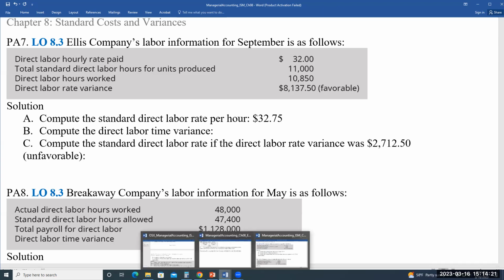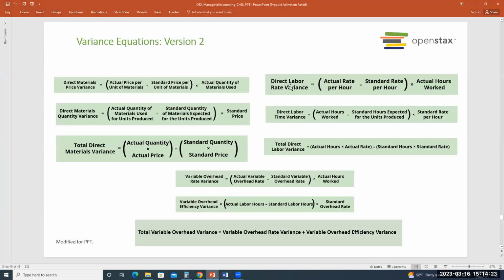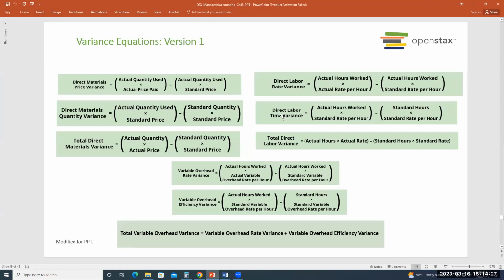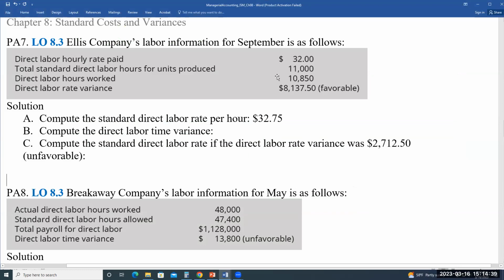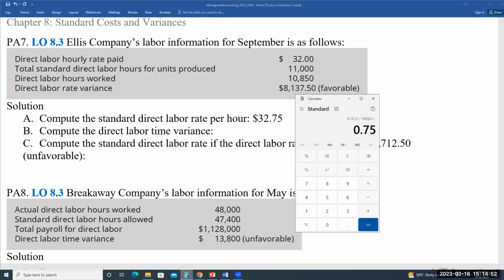Okay, well, with that one, maybe let's see if we can use this shorter formula. We take actual hours minus standard hours times the standard rate. So actual hours minus the standard hours, so that's negative 150 times the standard rate we just calculated.